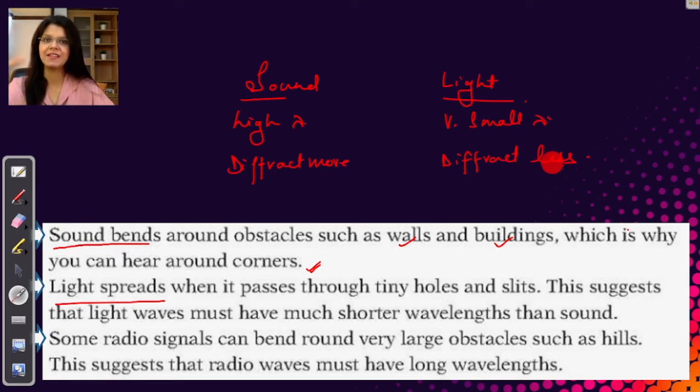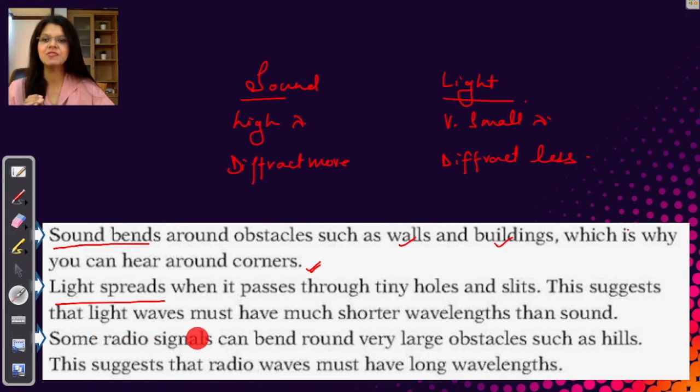Sound can be heard or it can spread around everywhere, but light cannot spread about everywhere. Therefore, seeing things which are not in the same straight line is impossible. If you want to see a thing, you have to be in the same straight line, because the light does not bend so much or it does not diffract so much. It diffracts less because it has a smaller wavelength.